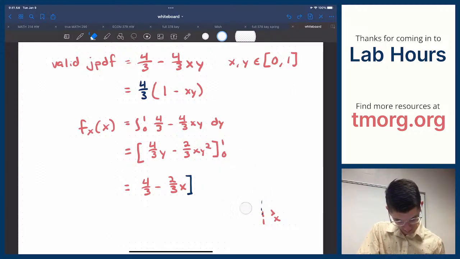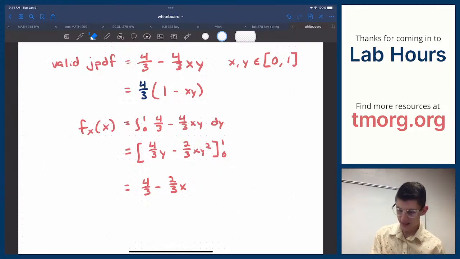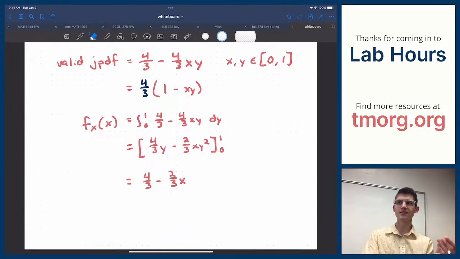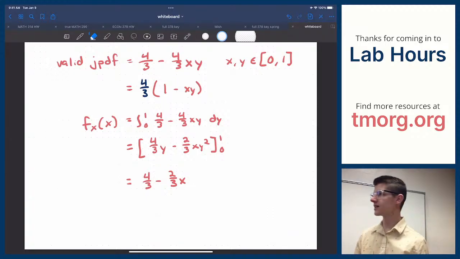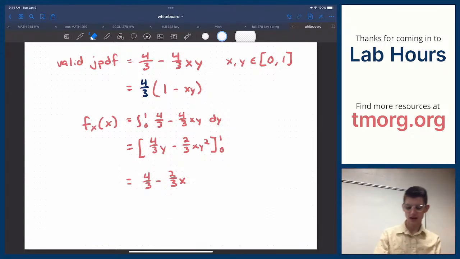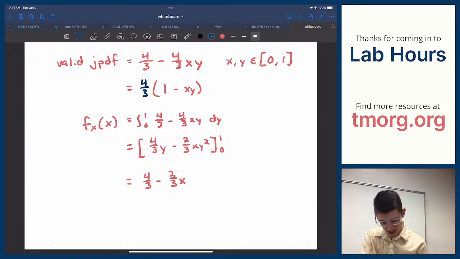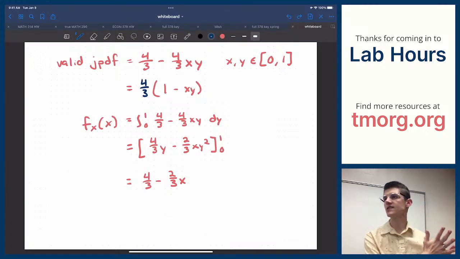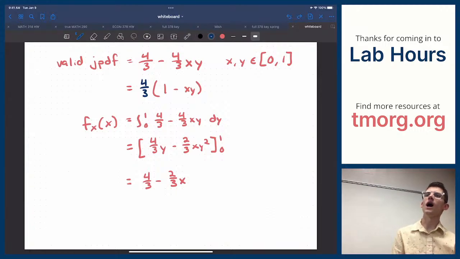Anyway, now that I have this marginal probability of x, this represents the probability of a given x value in terms of the math. Not literally, not technically, but in terms of the math. So what if I wanted to know, if x is 1, we're at the far end of x, then on average, what is y?